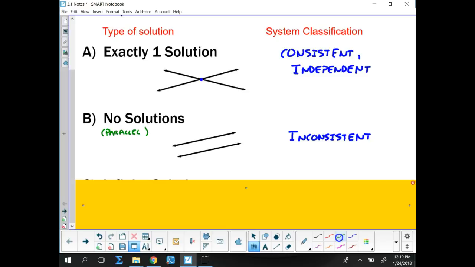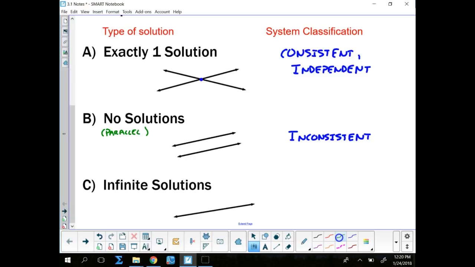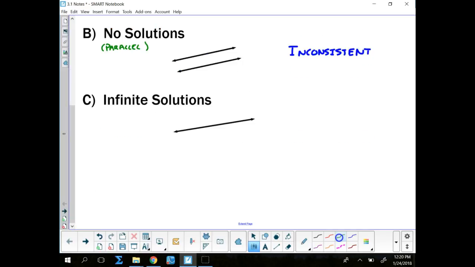What's the last way, the third way, that two lines could be graphed? Right on top of each other? Because can they cross more than once? I should say it. Could they cross twice? Could two lines cross twice? No. And so then we've got, so they cross once, they don't cross, or they end up being what's called the same line. Okay? So if they graph one on top of one another exactly, then we call that infinite solutions.